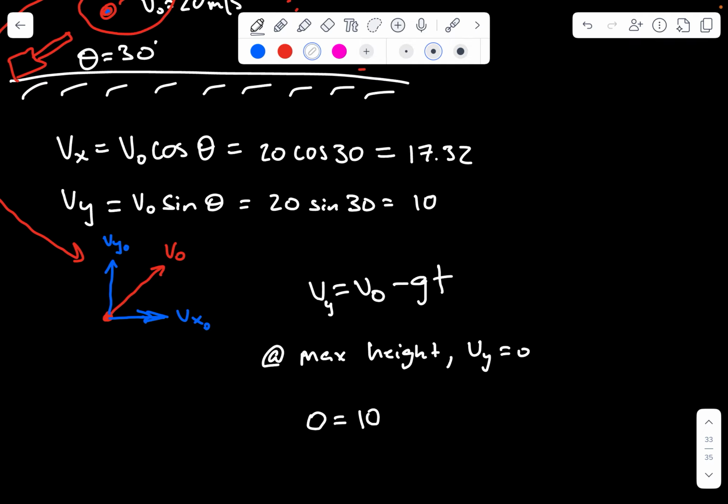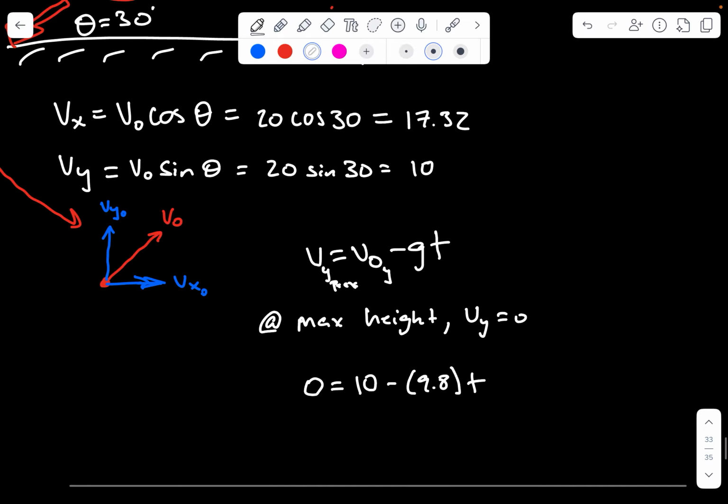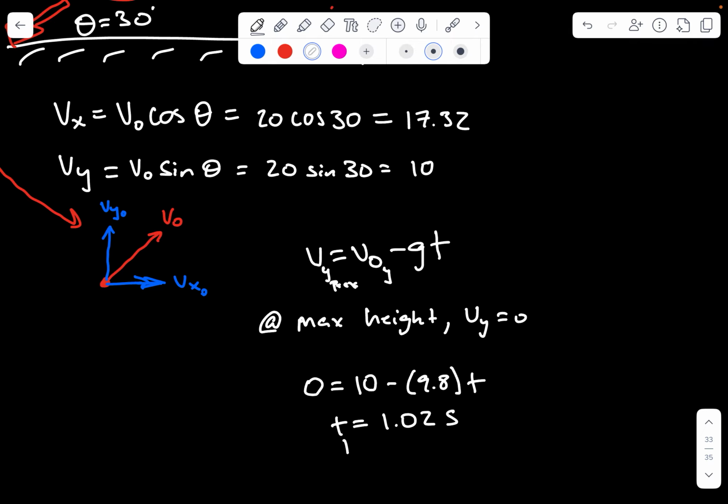So Vy at peak equals V initial y minus 9.8 times t. Now we just solve for t. So t, the time it takes to get to the peak, is 1.02 seconds.